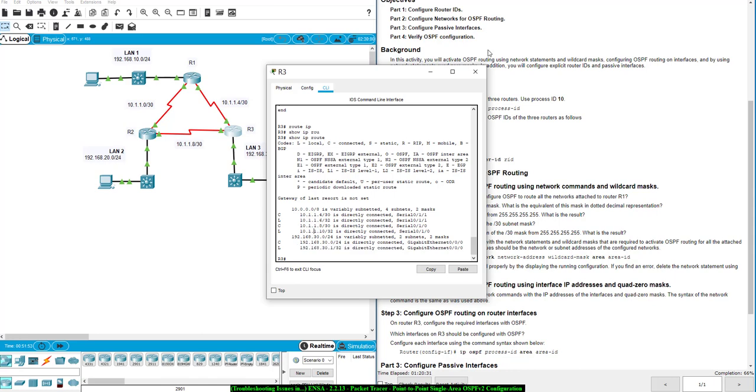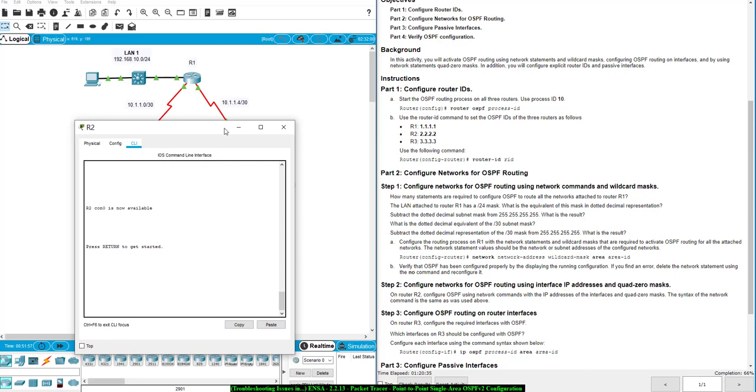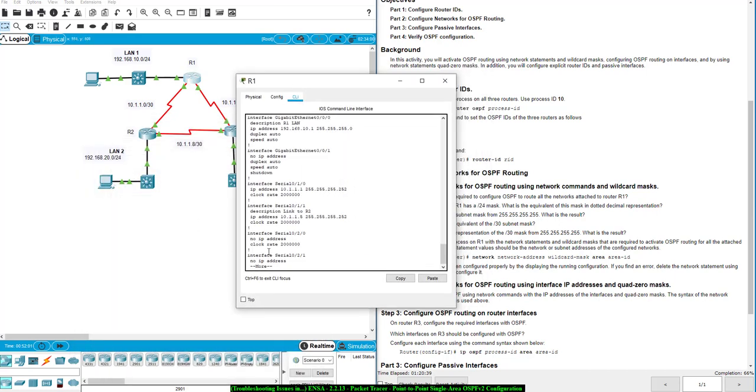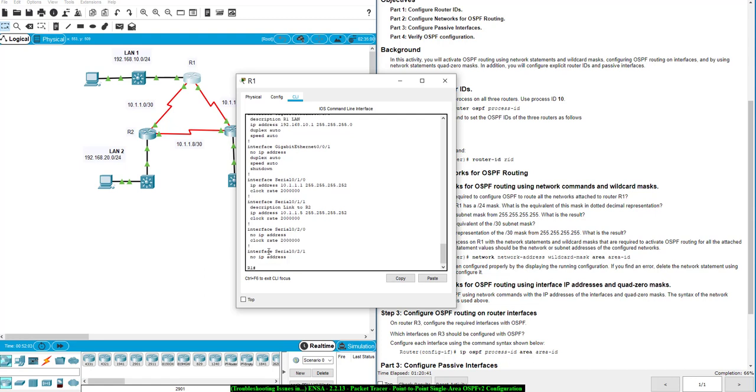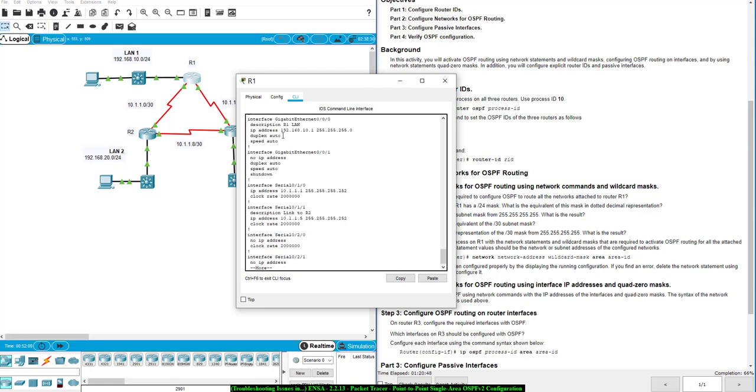All right, and if we go to router 2, which we're going to configure first, well, actually, you know what? Let's go to router 1, and I've already been messing with it. Show run. All right, notice we don't have it assigned to the interface itself. We're going down through here.